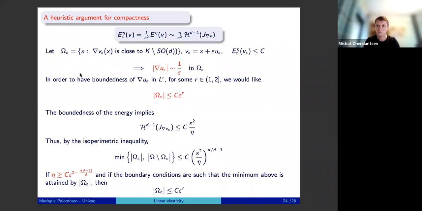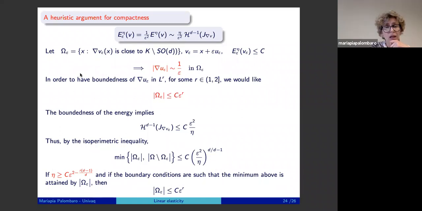This is what we need to prove, and this is the heuristic argument that I showed. This proves, in this case, that the energy is bounded by the distance from the set of rotations.